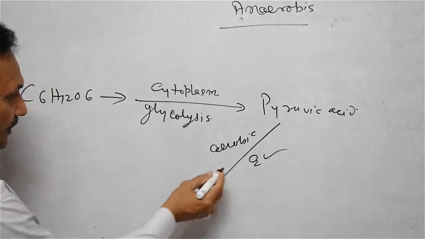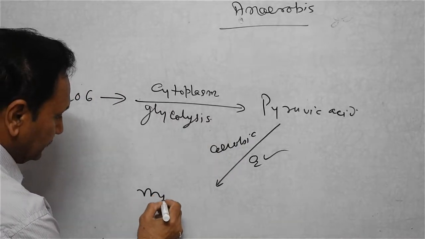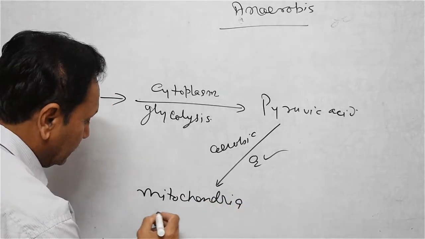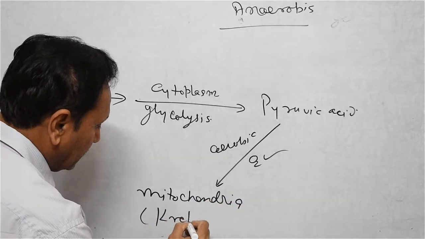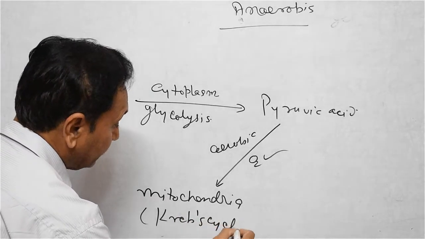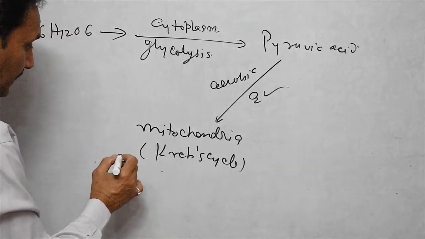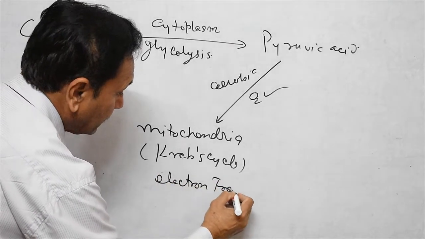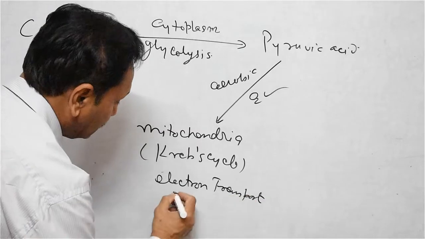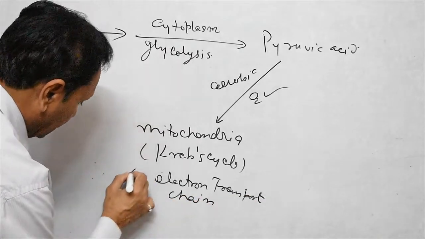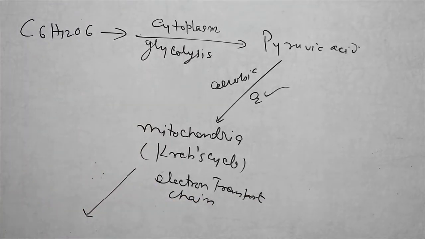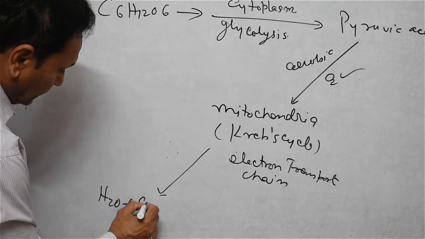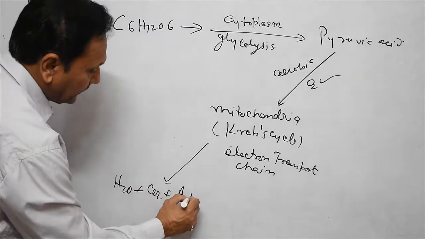Then it will enter inside the mitochondria, and by the process of the Krebs cycle and electron transport chain, it will convert into H2O plus CO2 plus ATP.